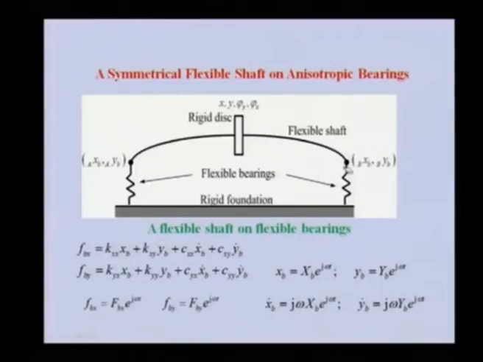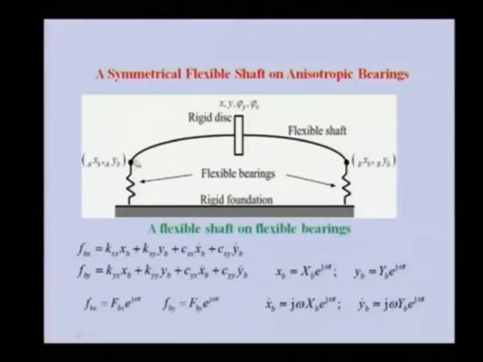In this case, whatever forces are coming onto the bearing from the shaft end are basically from the unbalanced force, because the unbalanced force is the external force acting at the disc. They are transmitted to the bearing through the shaft.